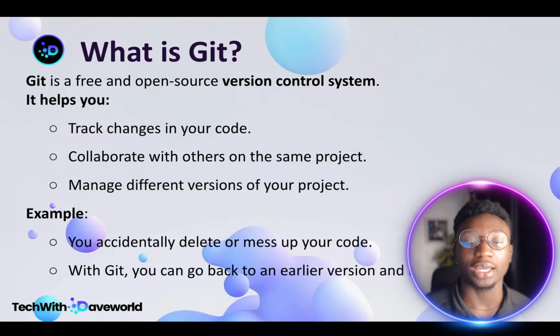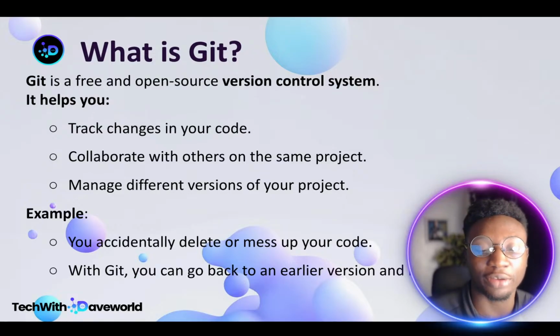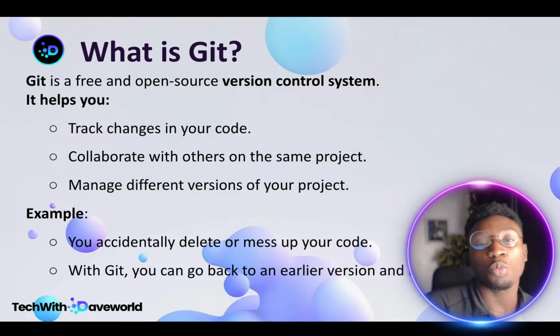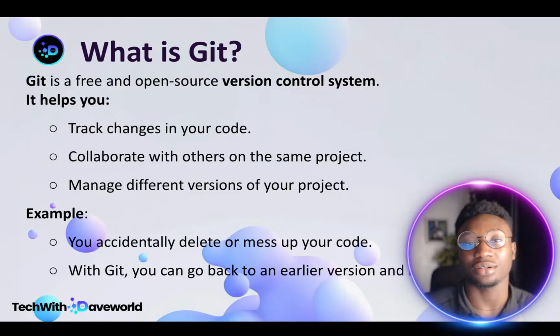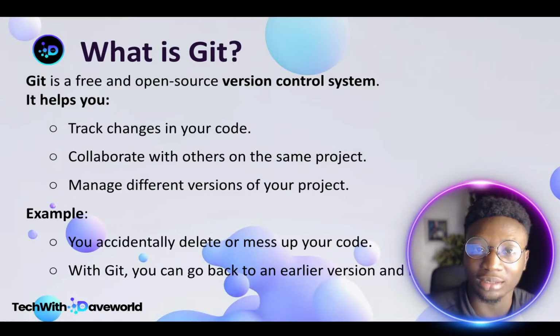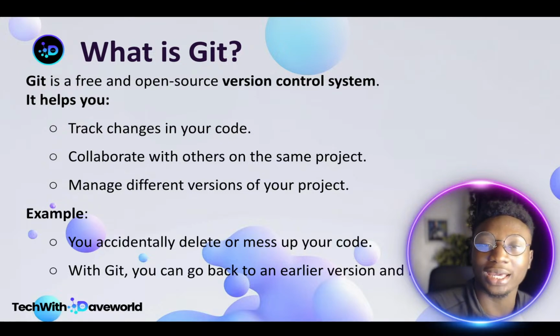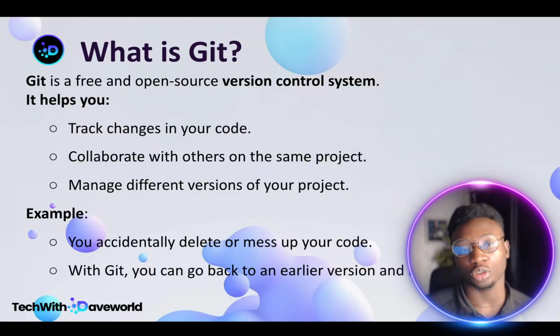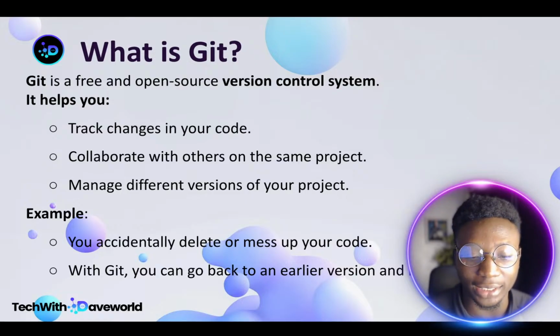For example, if you created a file and you make changes to that file, how about if you want to go back to the previous work that you did before making that change? That's where Git comes in. Git helps you to track the process of what you are doing in a particular folder or in a particular file, and basically it tracks changes in your code. So we're using code for example, right?